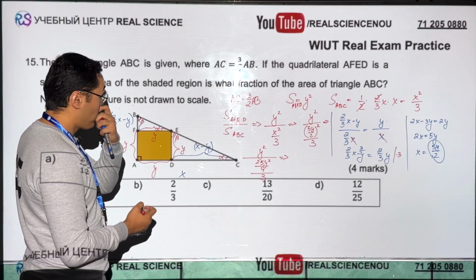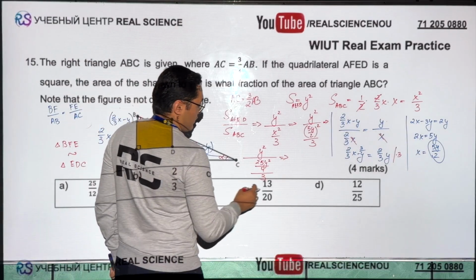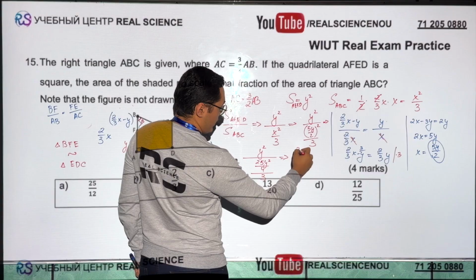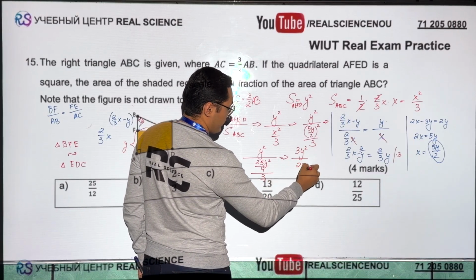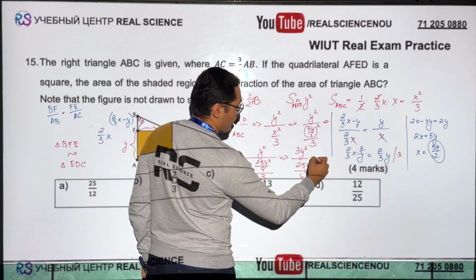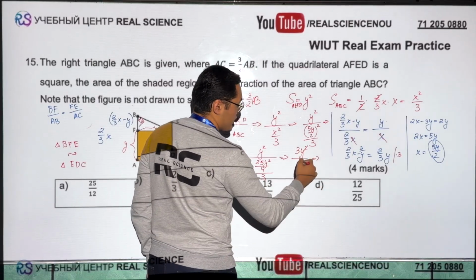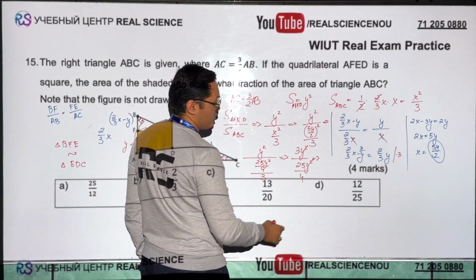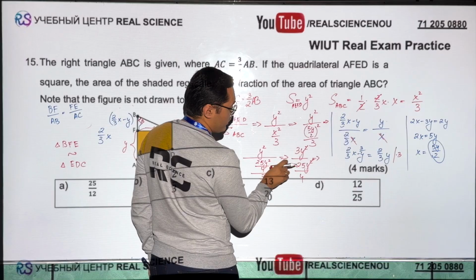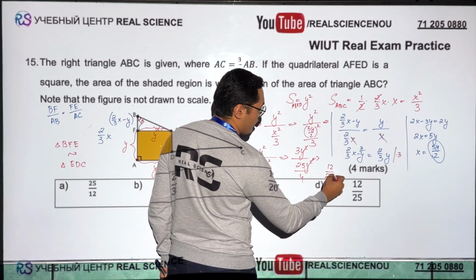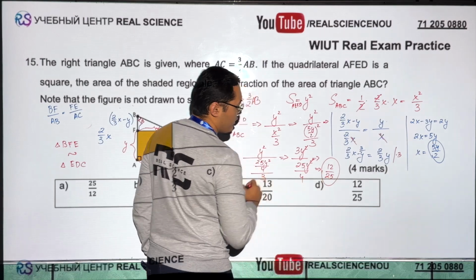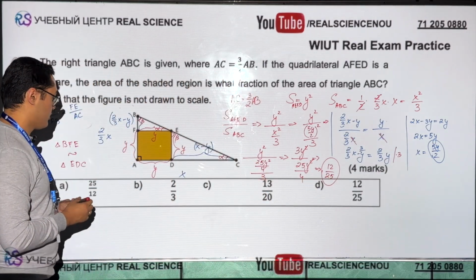If you write that, it is going to be 3y squared divided by 25y squared divided by 4, and if you divide that, y squared and y squared is going to cancel. 3 divided by 25 over 4 is going to be 12 over 25. That has to be your answer.